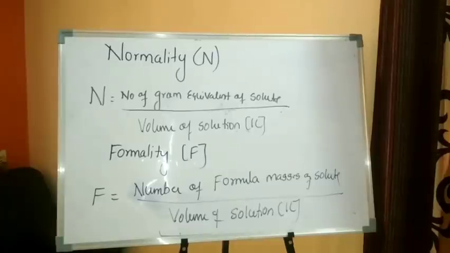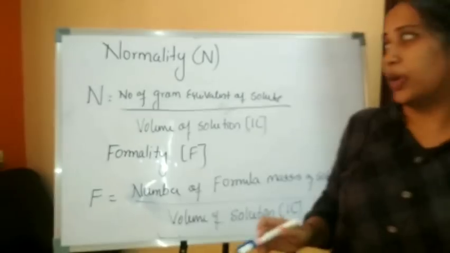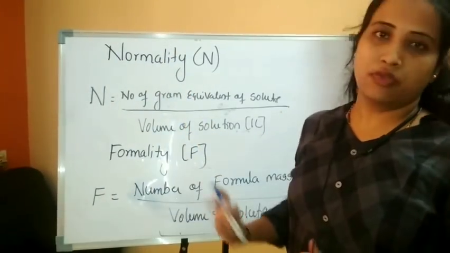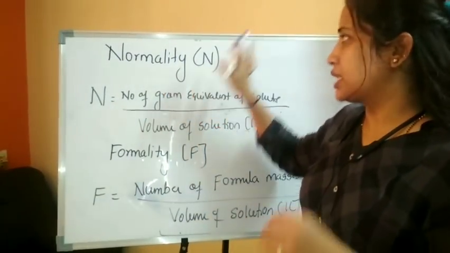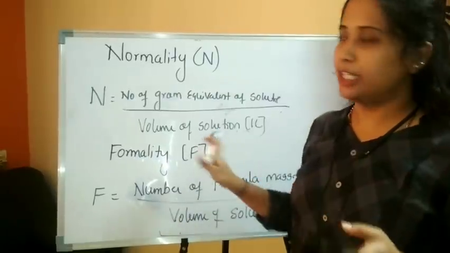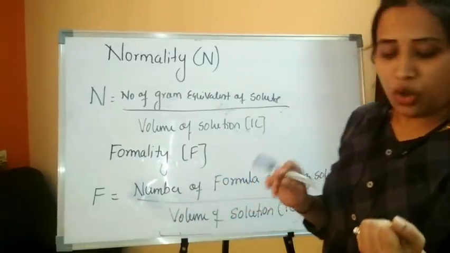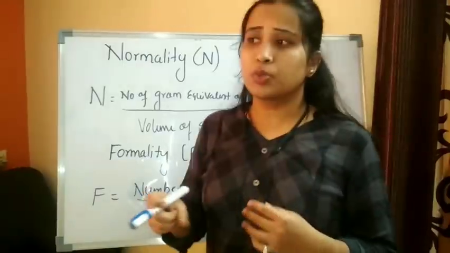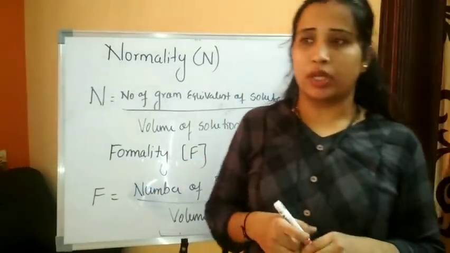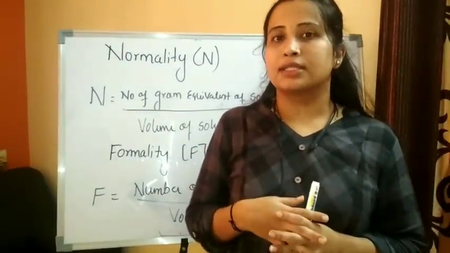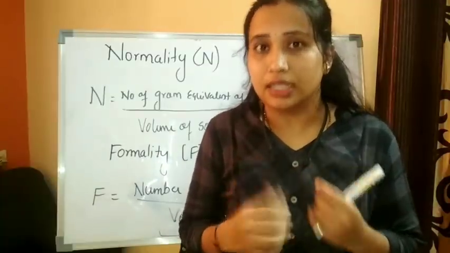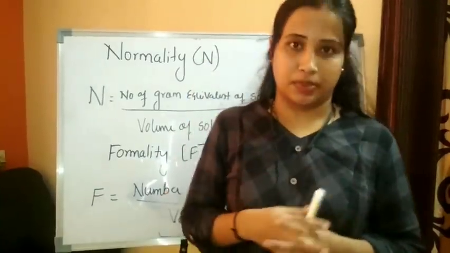So dear students, there are two other concentration terms that we need to concentrate on, that is normality and formality. Normality is represented by capital N and formality by F. In the laboratory we are not always supposed to prepare a molar solution. When we prepare a molar solution, we consider the molecular weight of the substance.